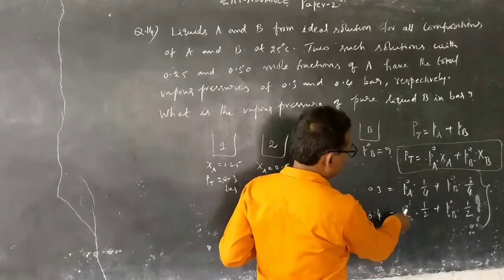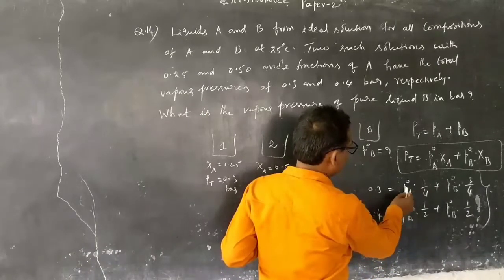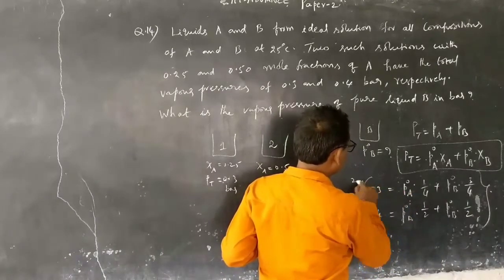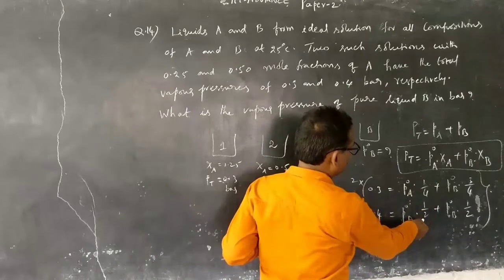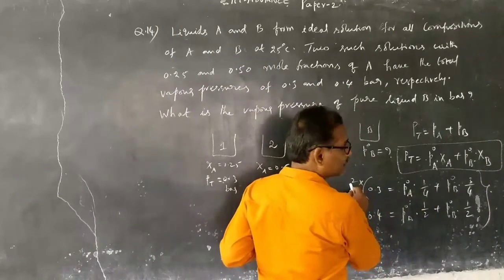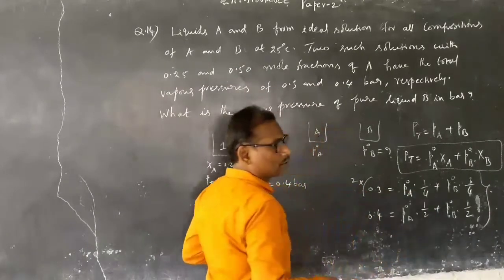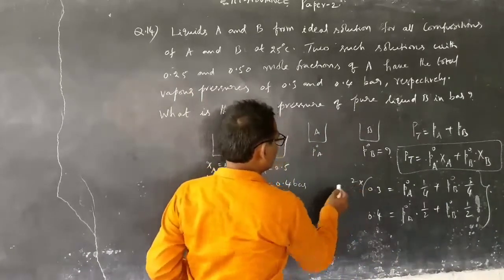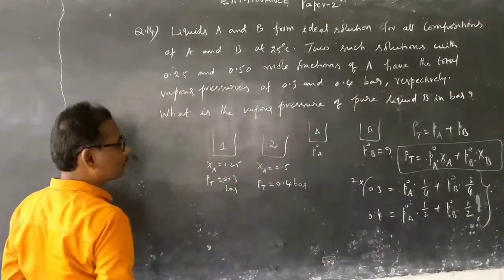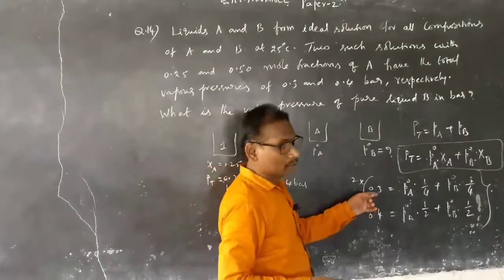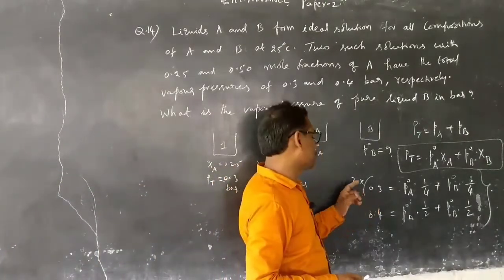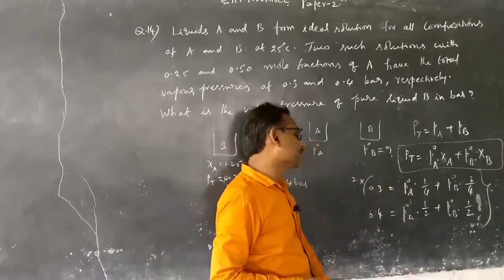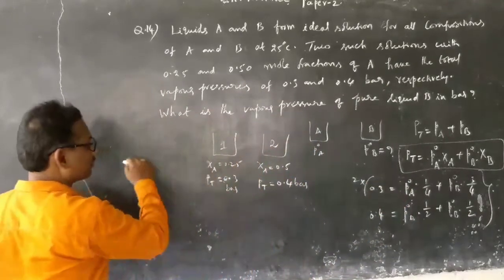To cancel P naught of A, you just multiply this equation by 2, because here it is 1 by 4 and here 1 by 2. When you multiply the equation obtained from solution 1 by 2, this becomes 1 by 2 and the P naught A term can get cancelled. So let us write the equations now.